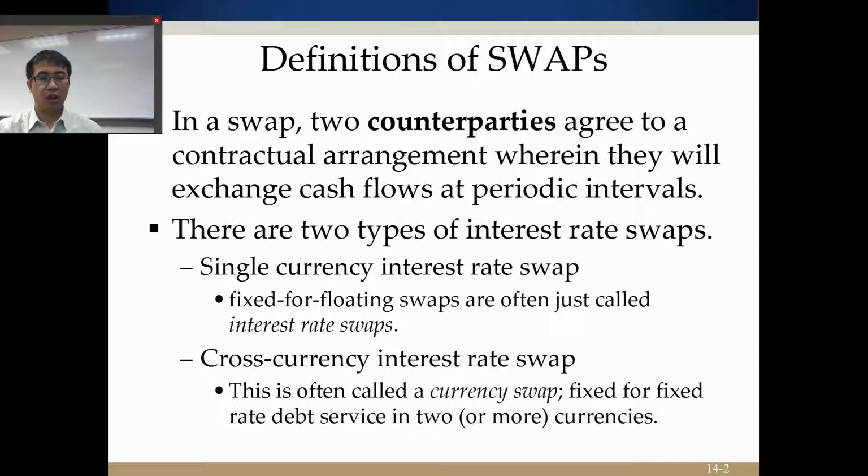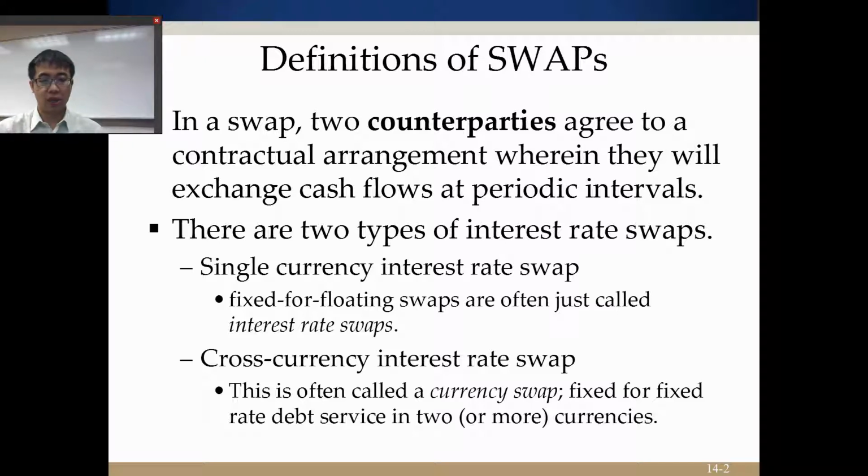Let's say one debt is a dollar loan and another debt is a euro loan, and of course the US and the eurozone may have different inflation rates, so the interest imposed upon these two loans may be different, and because inflation is different, the exchange rate will change. This is something we learned in chapter 6, purchasing power parity. Inflation leads to the adjustment of exchange rates.